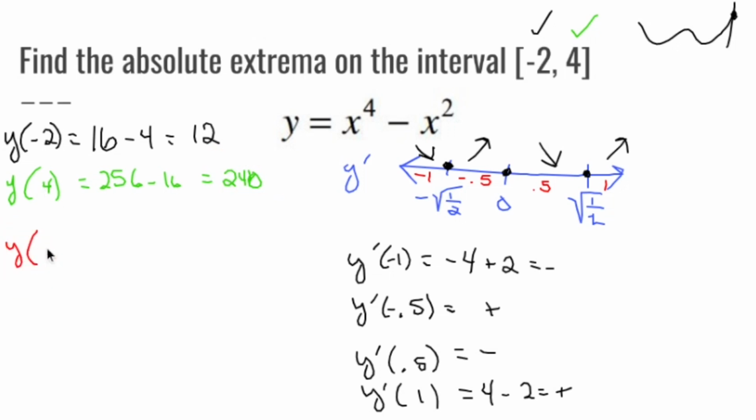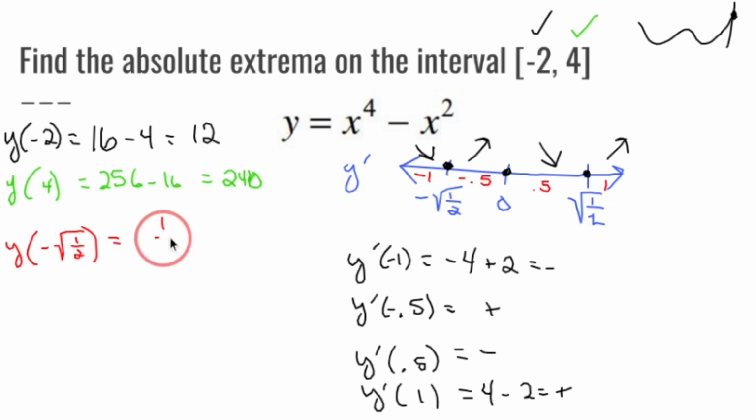Y of negative square root of a half. Oh, I already know what that one's going to be. Jumping the gun. Or do I? No, I don't. If I do 1 times 1 times 1 times 1, I get the square root of 1 on top, which is 1. If I do 2 times 2 times 2 times 2, that's 16.